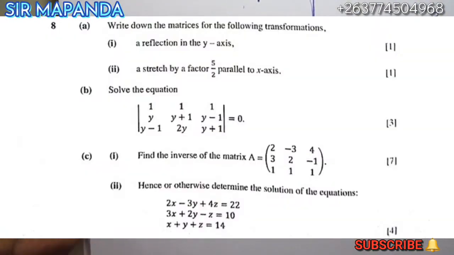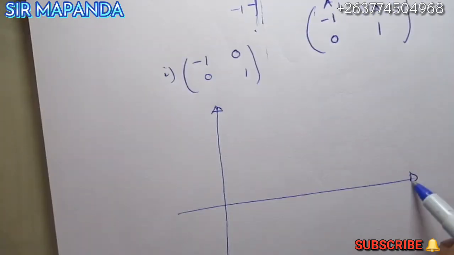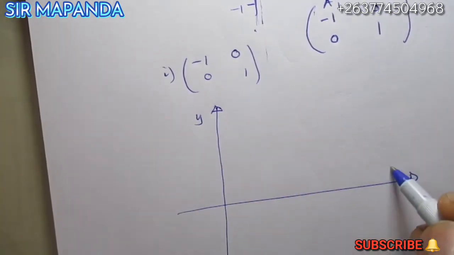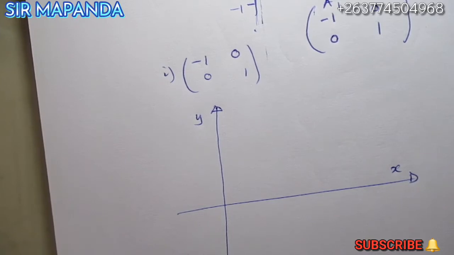We move on to part A2 of the question. It reads, write down the matrix of a stretch by a factor 5/2 parallel to the x-axis. I have a troubleshooter that I normally use for stretch.